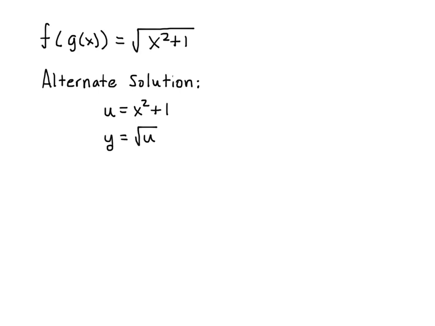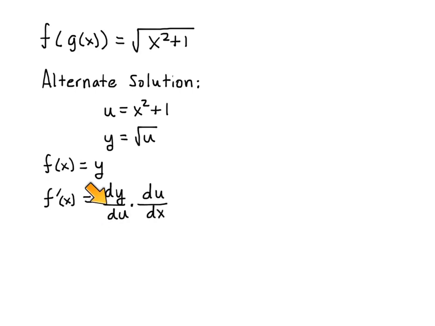So then y, or f at x if you want, but y, our function, is going to be the square root of u. So when we take the derivative of that, if we use this chain rule expressed this way, where we have dy/du times du/dx, okay, so I can take the derivative of y with respect to u, and then multiply it by the derivative of u with respect to x.